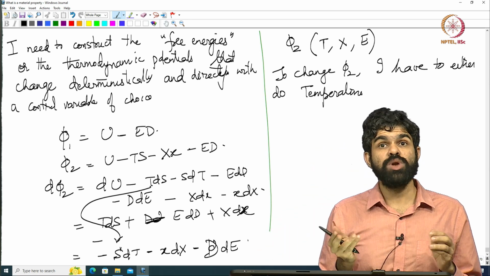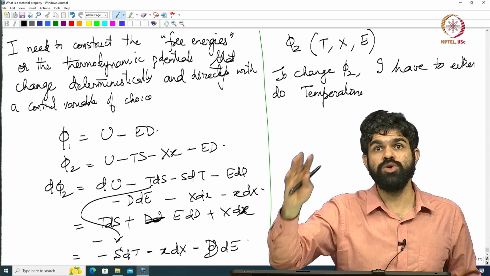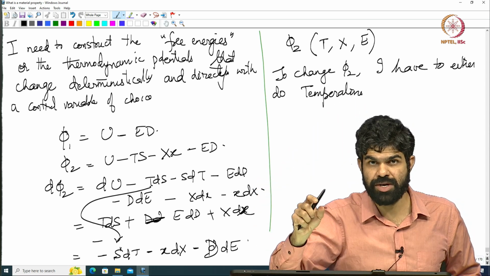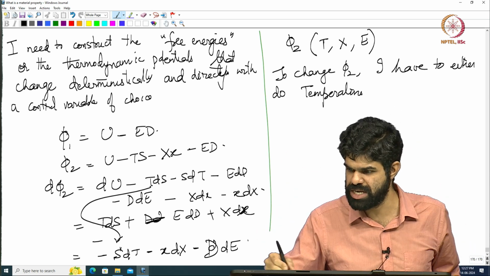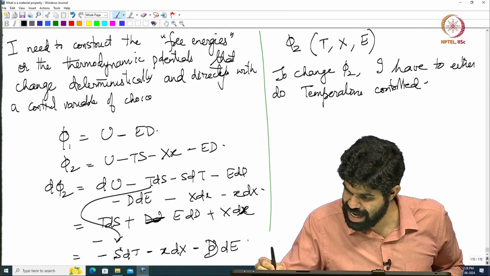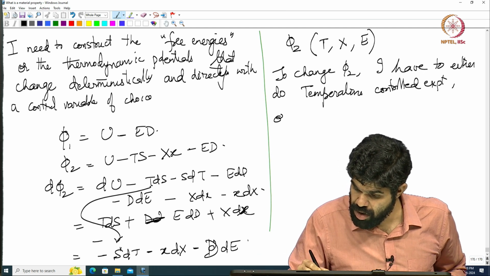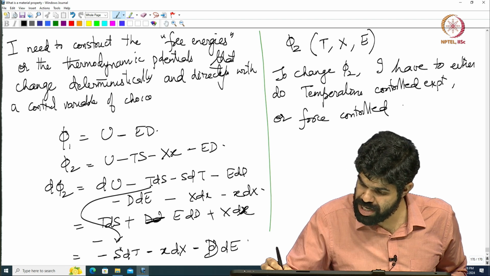But if I have to control heat, if I have to put in some 1000 kilojoules of heat, I should be exactly able to put in 1000 kilojoules of heat. That is a difficult experiment to do, right. But temperature is easy to change. I have to either do a temperature controlled experiment or a force controlled experiment, a mechanical force controlled experiment.